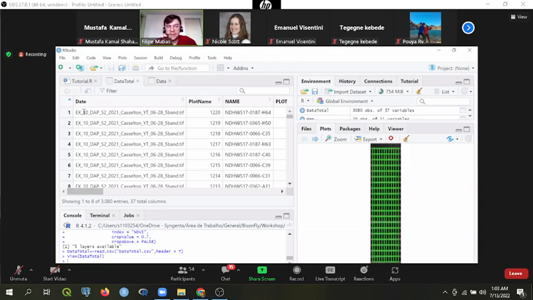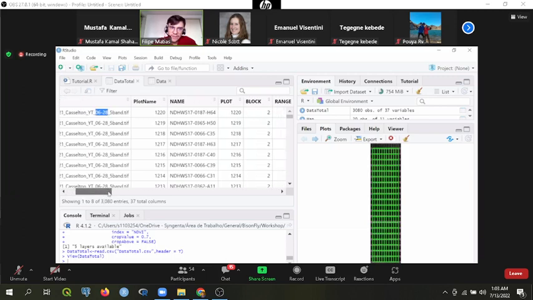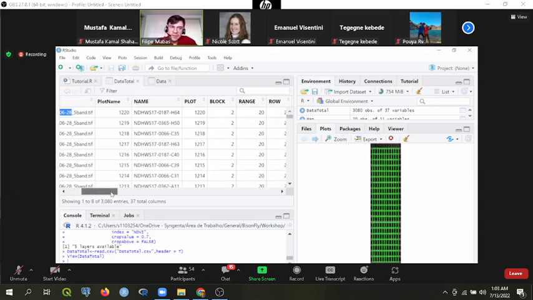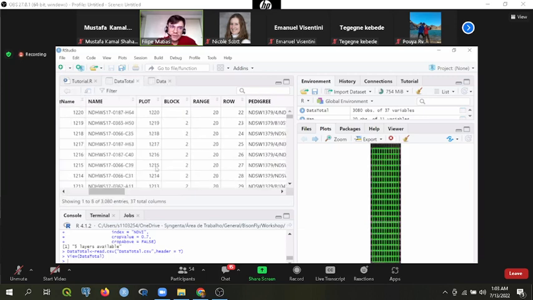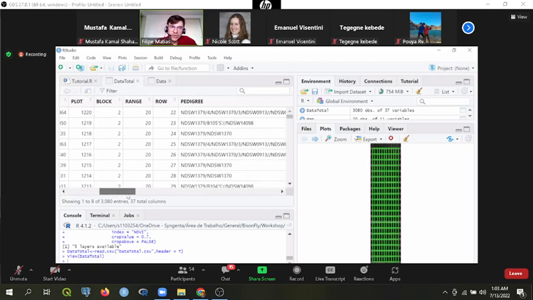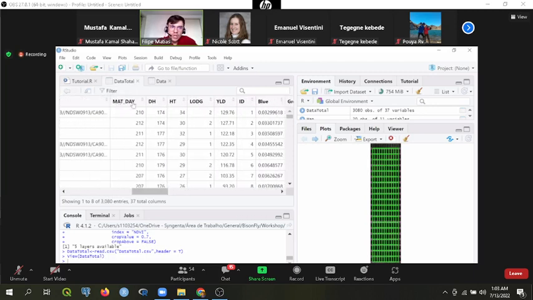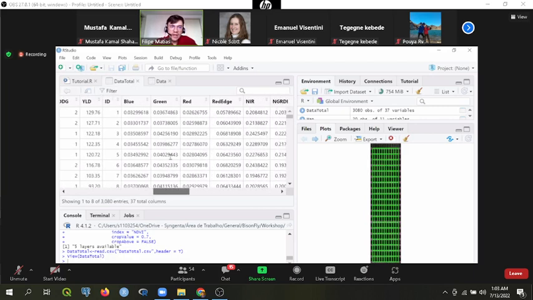This is, for example, flight 10, which was collected at 52 days after planting. Then we have the plot name, which is our data that we combined originally with our shapefile: plot name, range, row, pedigree, the 5 agronomical traits, and now all the UAV traits that we extracted per plot.